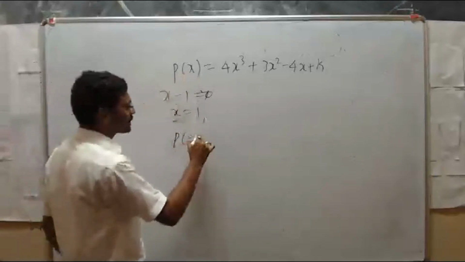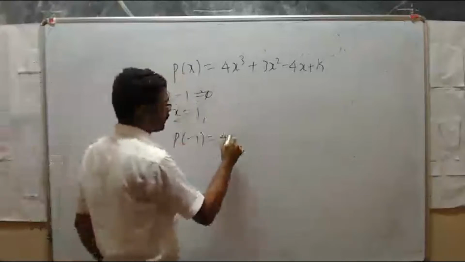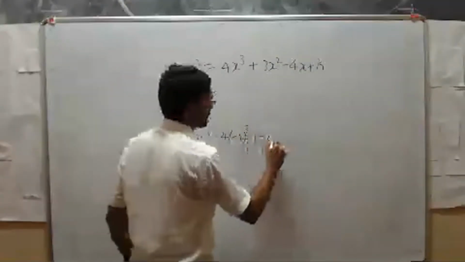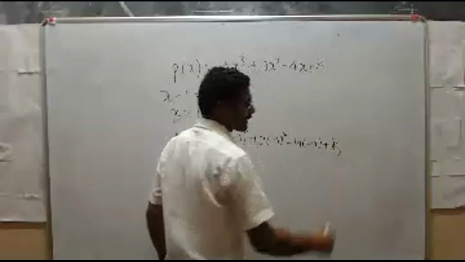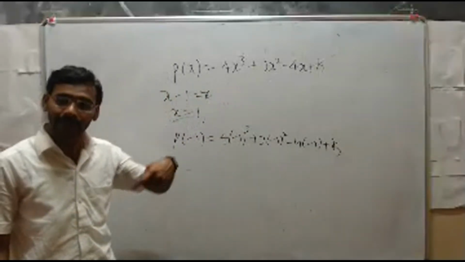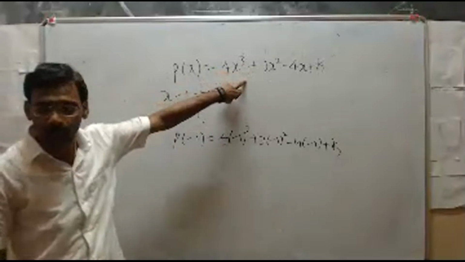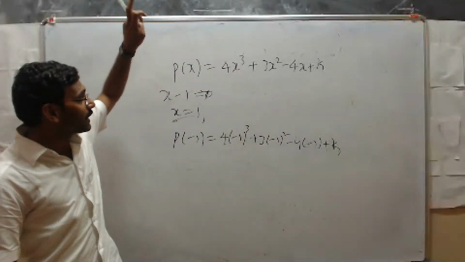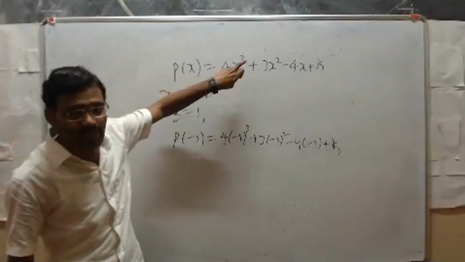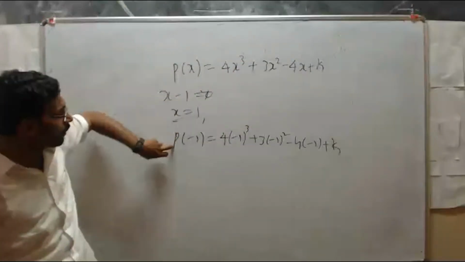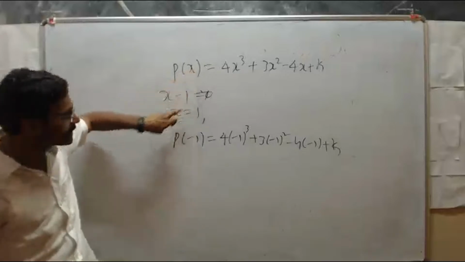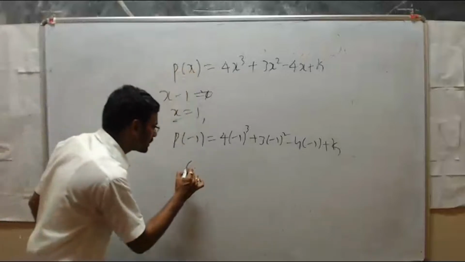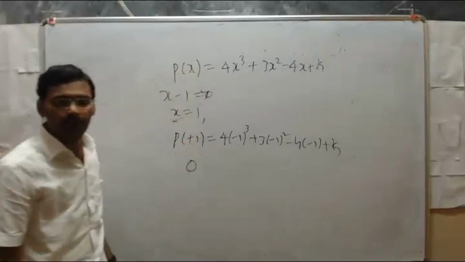Therefore p of 1 is 4 into 1 cube plus 3 into 1 square minus 4 into 1 plus k. If x minus 1 is a factor of this p of x, then p of 1 becomes how much? 0.